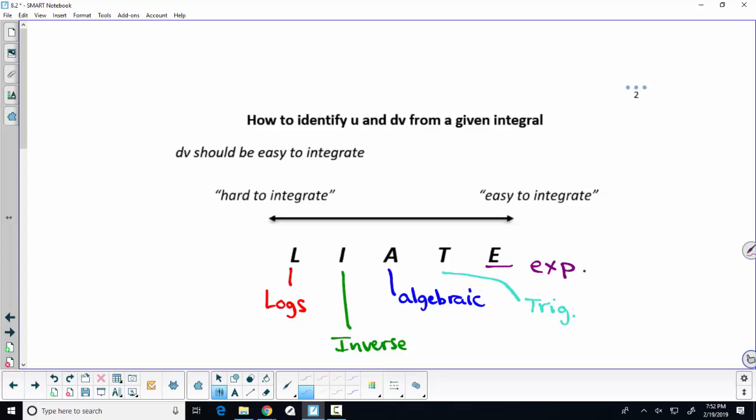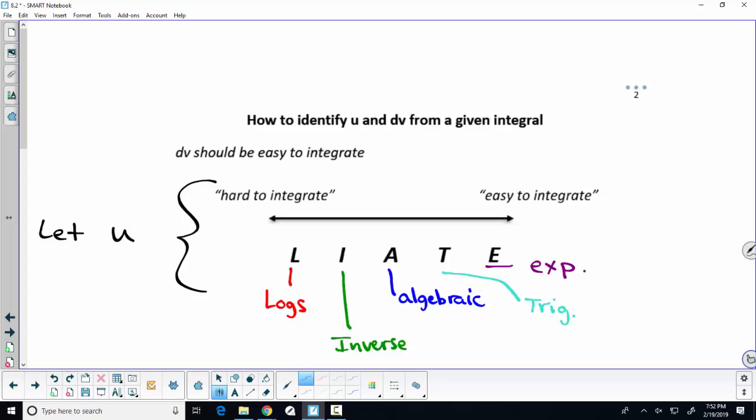Typically in the form of e to the x or e to some power. So in this right here, this is our choice for u. So we're going to let u equal the leftmost function. If I've got an integrand that involves logs and inverse trig functions, I'm going to let u equal log.